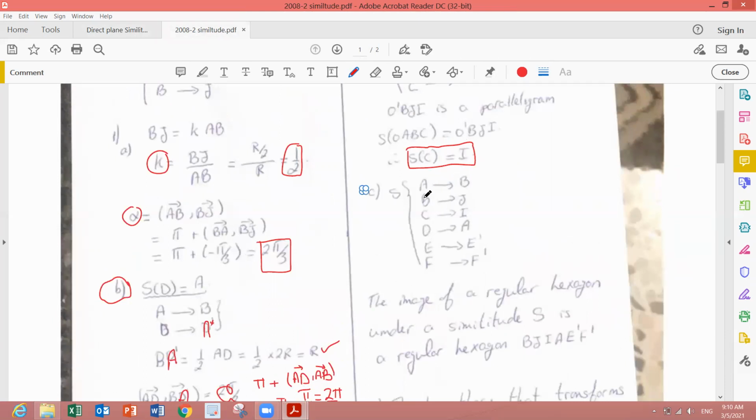A onto B, B onto J, C onto I, D onto A, E onto E prime, F onto F prime. The image of the regular hexagon under a similitude S is a regular hexagon BJIAE prime F prime.